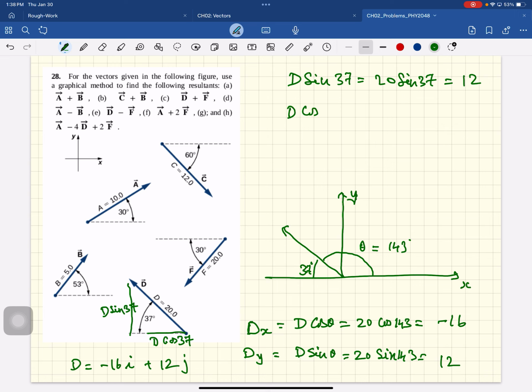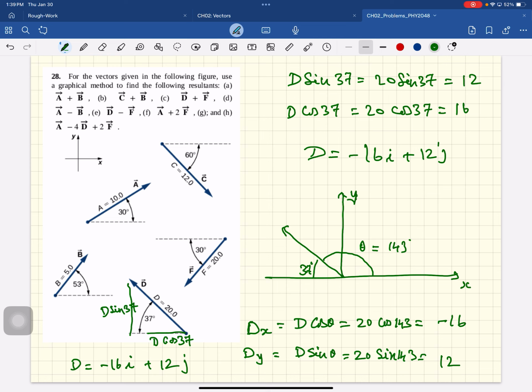D cosine 37 is 20 cosine 37, and you'll find that to be equal to 16. So the length is 16 units, but you can see that this is pointing in the negative direction. If you use an acute angle, you have to put in the sign by hand. So the vector D is minus 16I plus 12J.